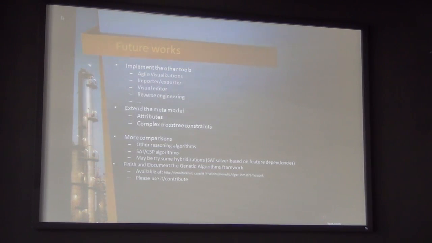And I would like to do more comparisons with other reasoning algorithms, and especially with SAT and CSP algorithms, because I didn't compare to them deeply yet. Okay, so I probably need to do more comparisons.